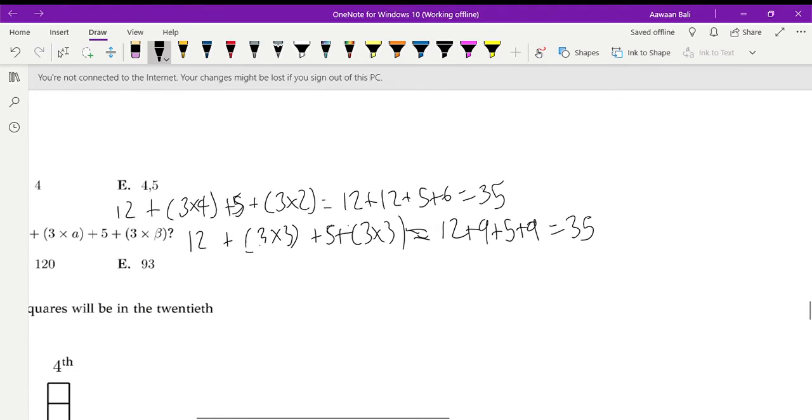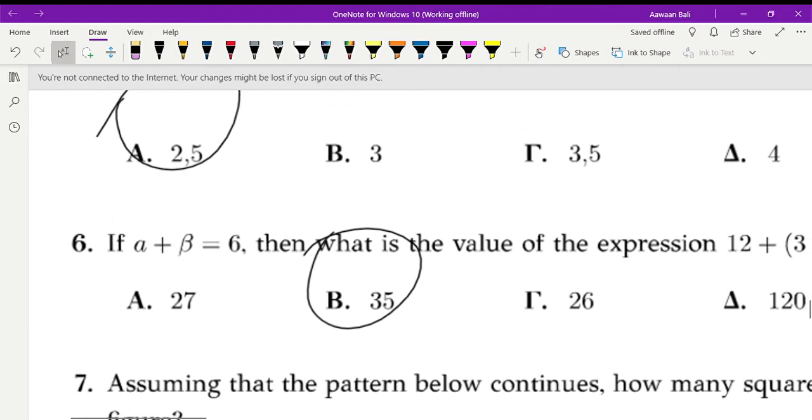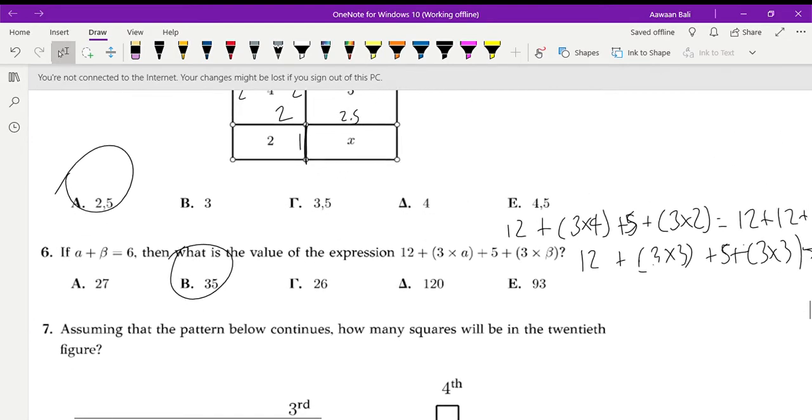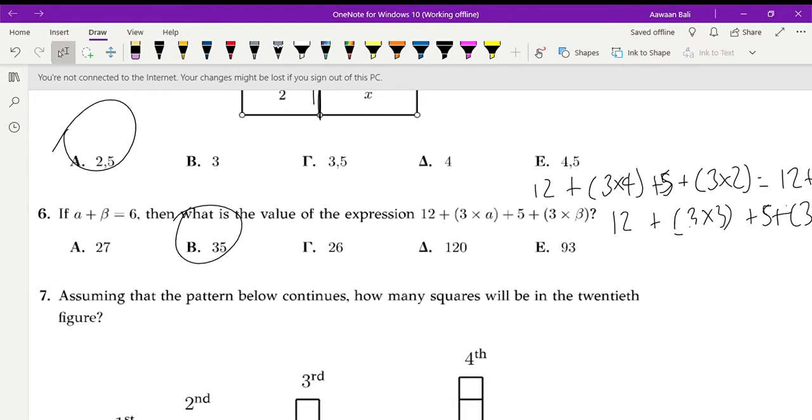So basically, the thing is, since you're following the rules, since you're always saying alpha plus beta is equal to 6, you'll always get the same answer in this case. And that means that you're always going to get 35. It's going to be correct because you're following the rules here. But it's not always like that.